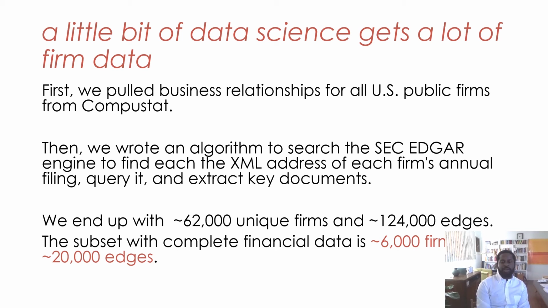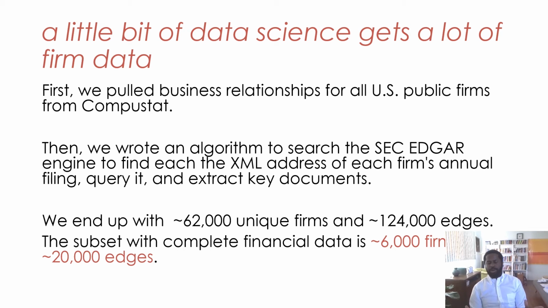We wrote an algorithm to search through the SEC EDGAR database and extract all of those 10-K filings and report on what the firm-to-firm connections are. And we end up with a large network.